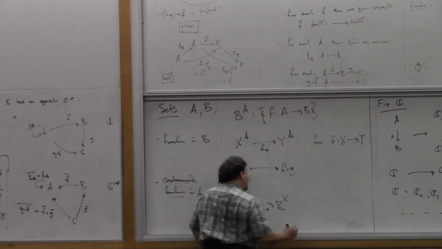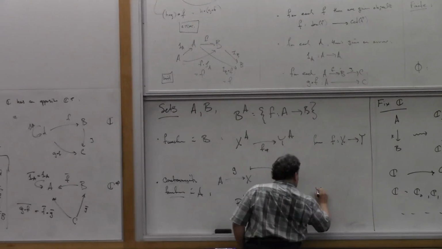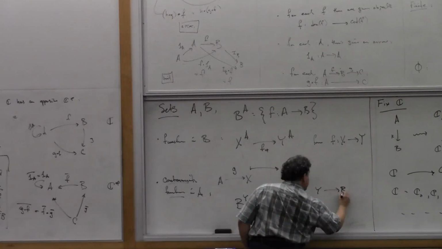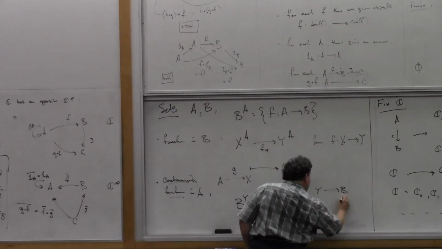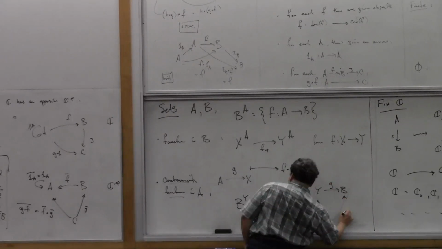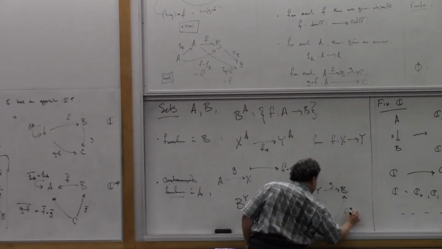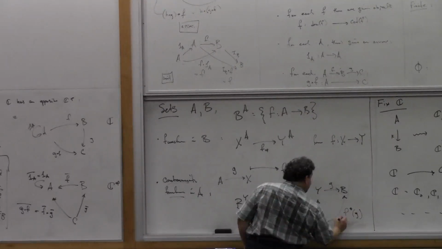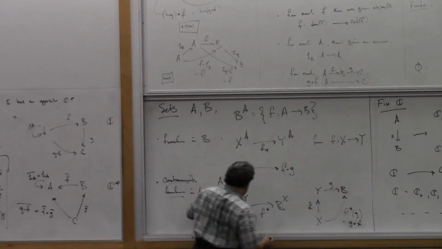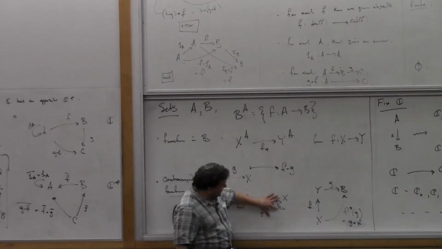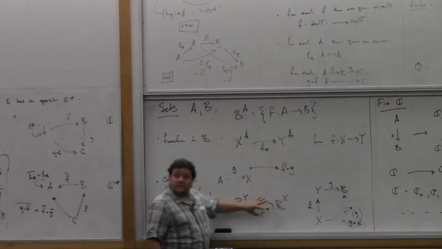And how does f upper star work? I take some g from y into B, and then I have here my f, and I precompose now. Here's g, and here's f upper star of g, which is precomposition, g after f. So that takes a thing from y into B over to a thing from x into B.